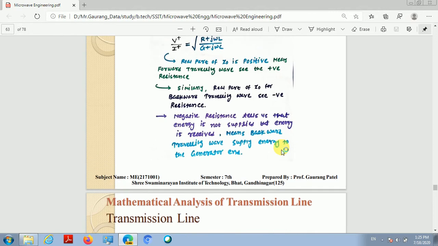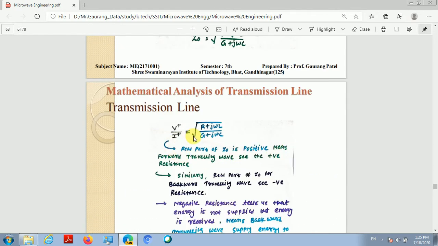Z0 is the ratio of voltage to current at any point on the transmission line. If we take the ratio of V plus, that is the forward voltage traveling wave, and I plus, that is the forward current traveling wave, at any location on the transmission line, we get the characteristic impedance Z0.